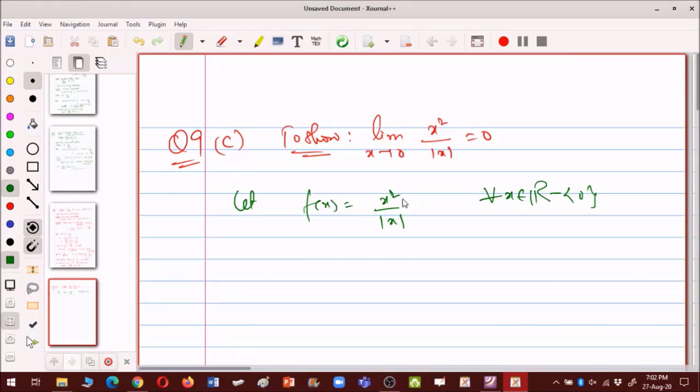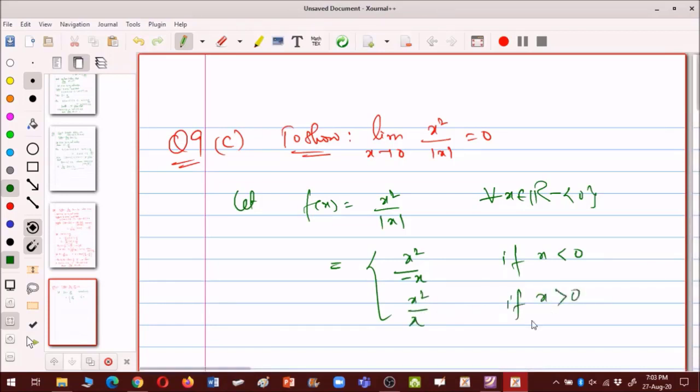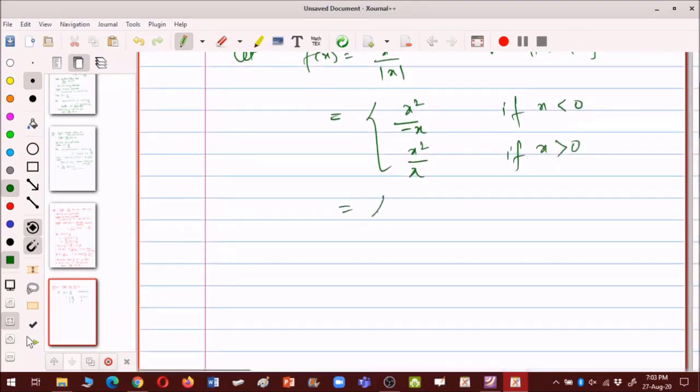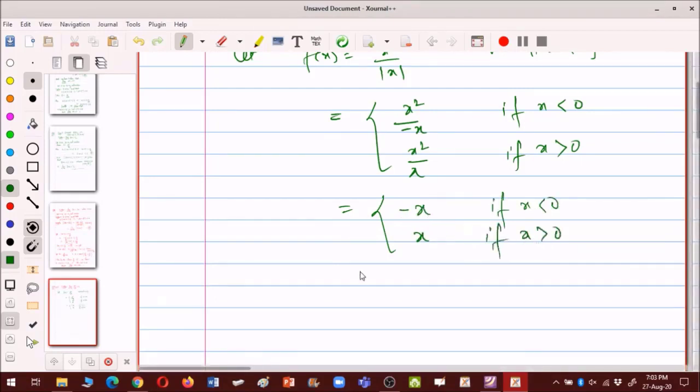So f of x will be equal to x square by minus x if x is less than 0, and x square by x if x is greater than 0. So this is equal to minus x if x is less than 0 and x if x is greater than 0. This is nothing but mod x.